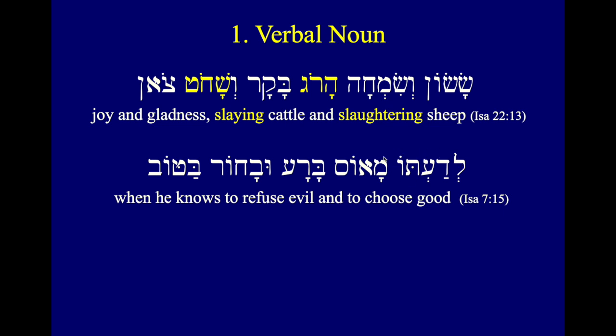So for his knowing, really, is what this means. And then ma'os. Ma'as means to reject. So our root is mem, aleph, samek, and we have this long A under our first radical. We have this holem vav between our second and our third. That's the Qal infinitive absolute form. So to refuse.